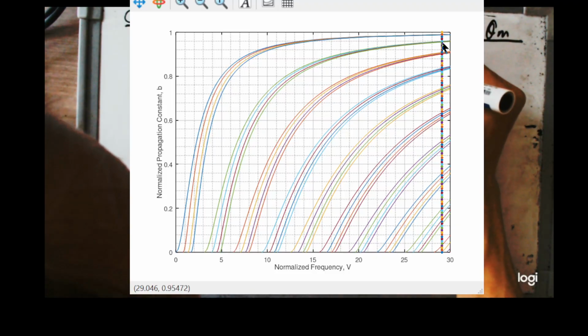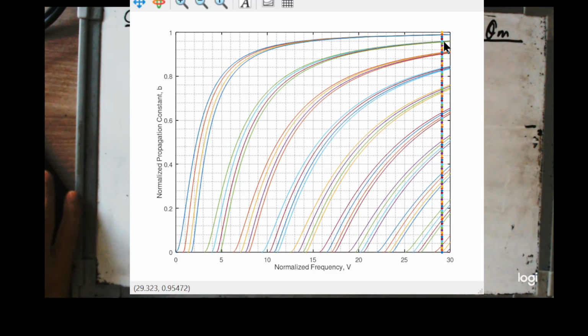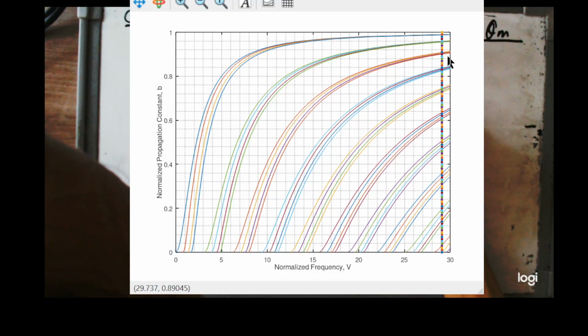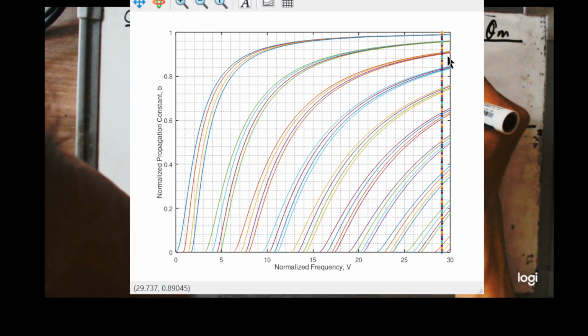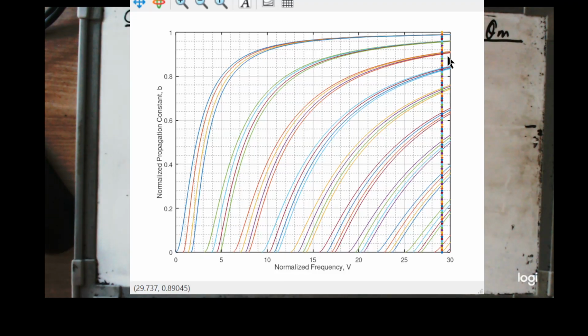So this is mode 1, 0.954. And the fourth one, 0.907. I have already written it down in the whiteboard.